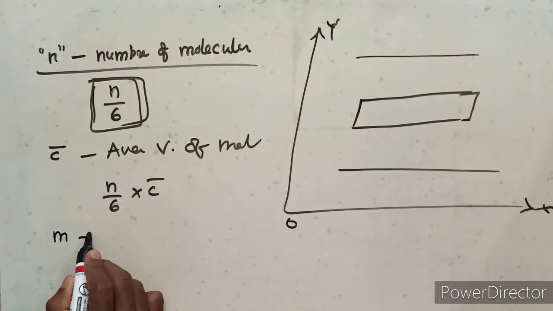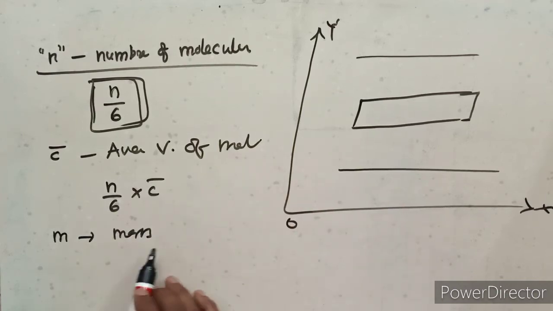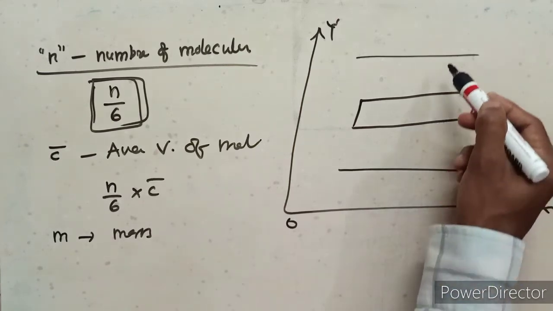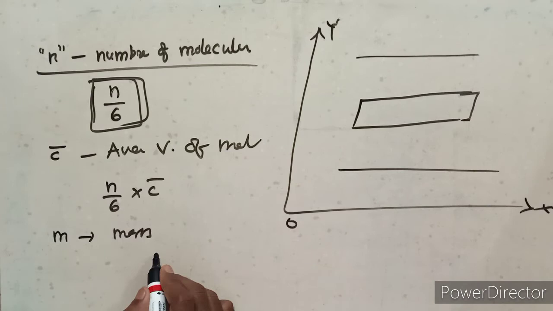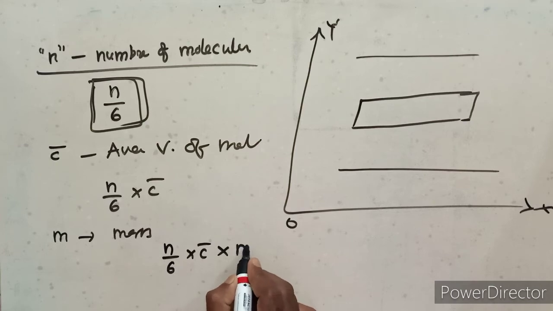If m is the mass of every molecule, then it is given by n upon 6 into c bar into mass.